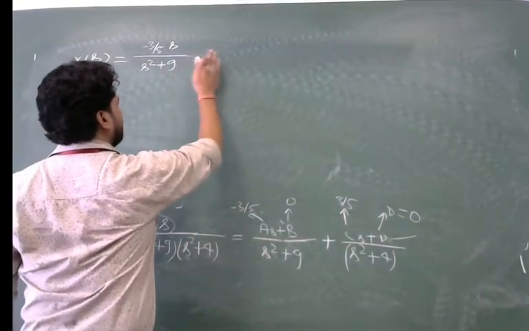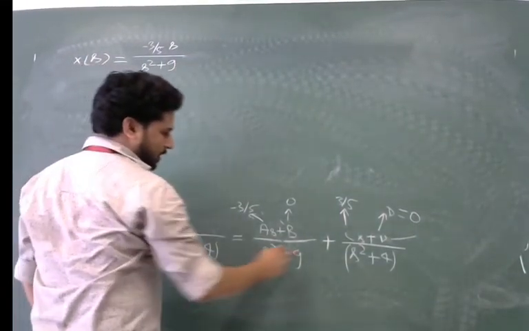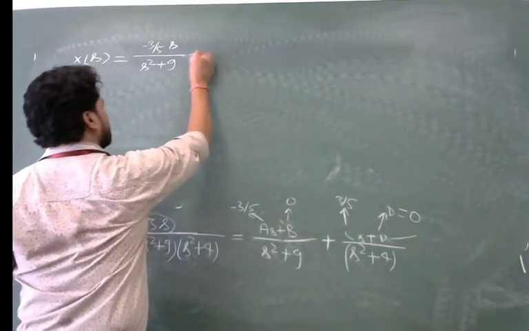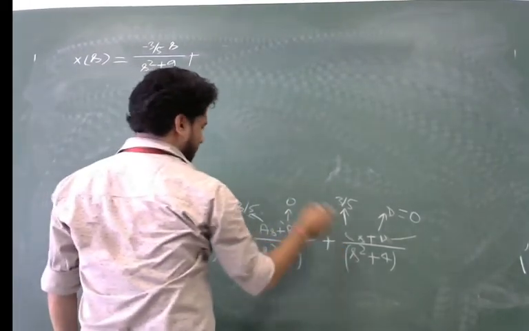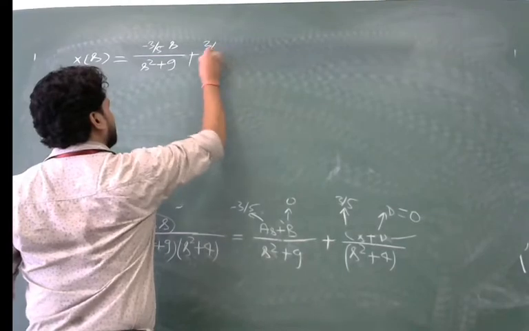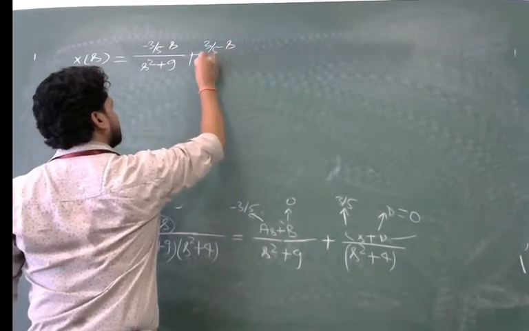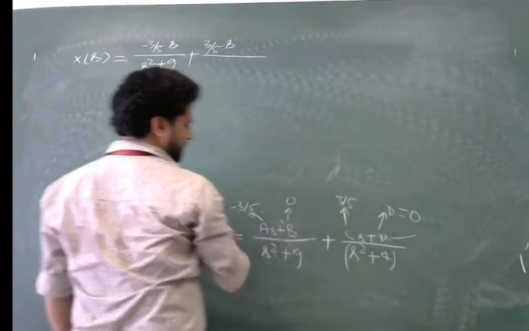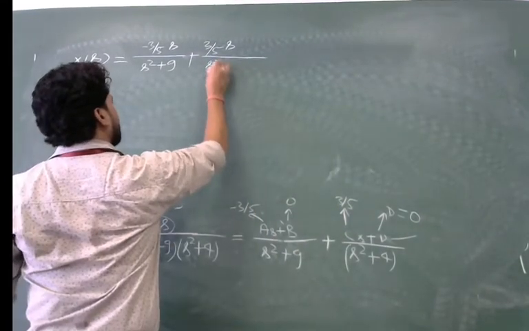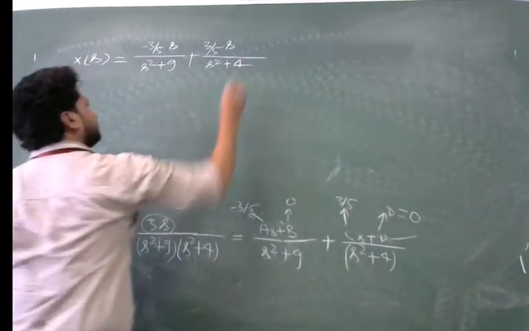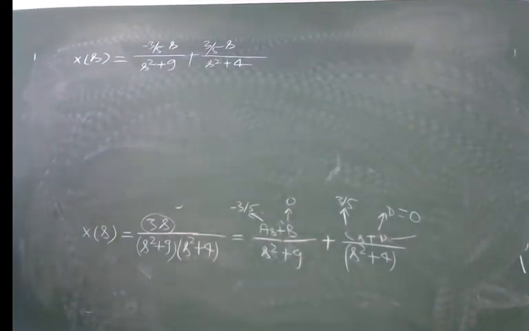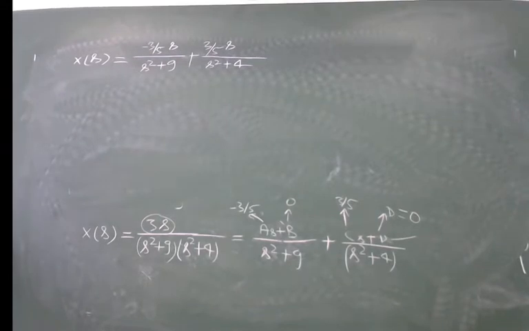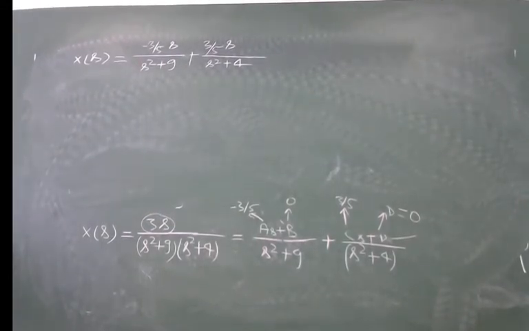So leave the term b and write plus c, which is 3 by 5 into s, plus d is 0, upon s square plus 4. This is what we got from the partial fraction of the given expression.